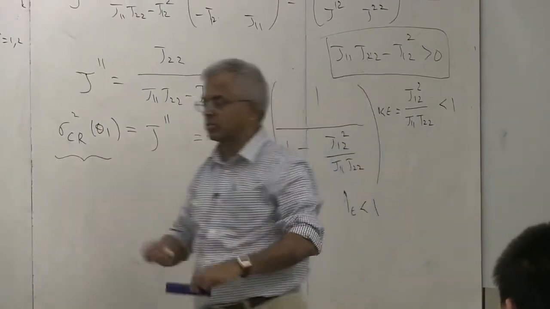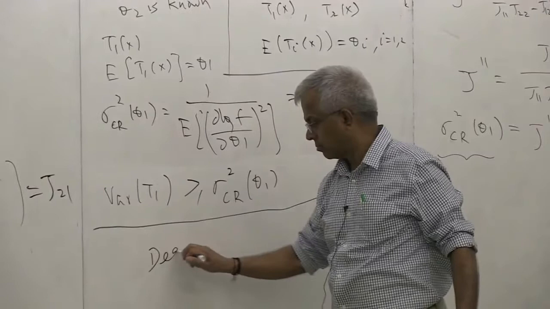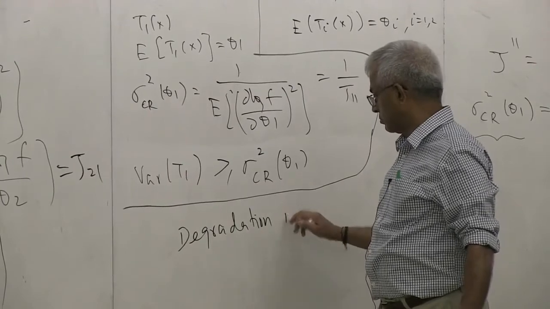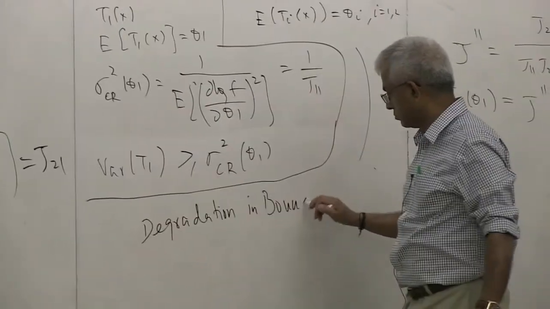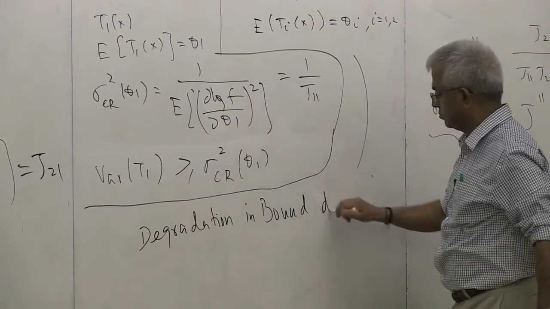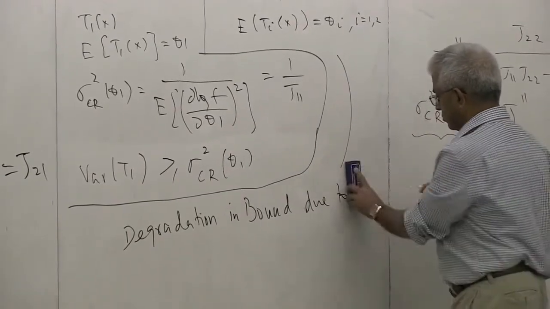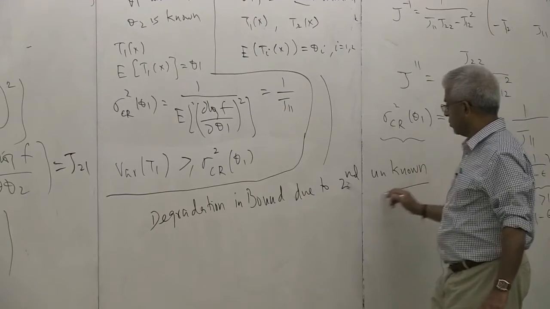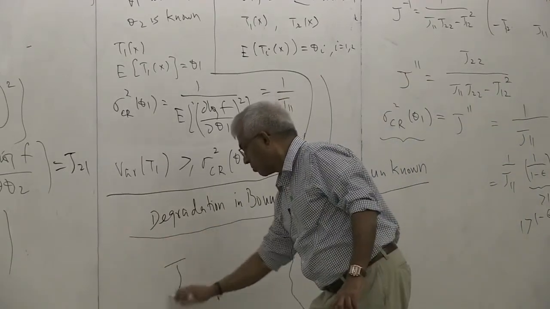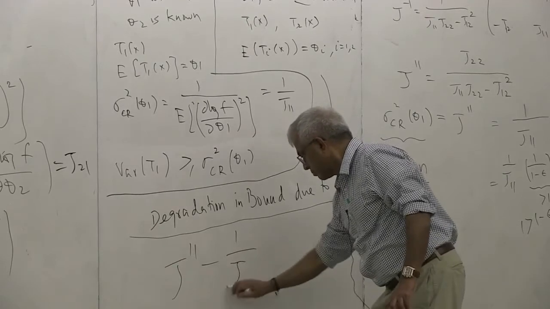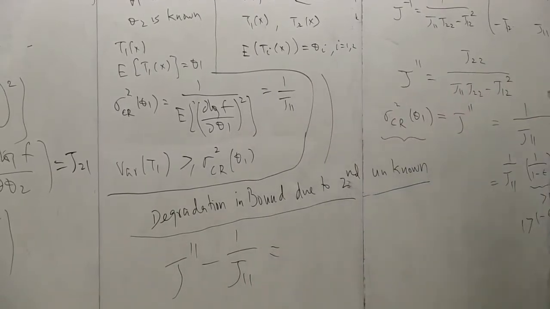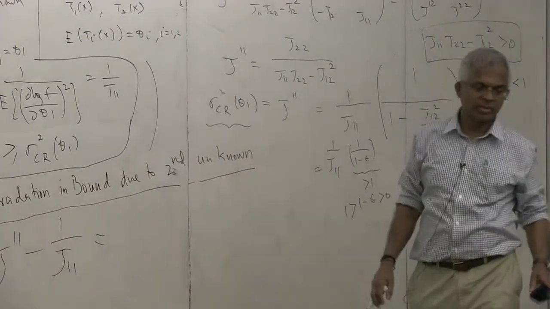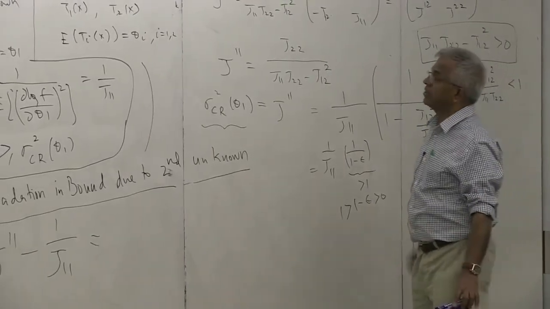Another way to see the degradation is this: isn't it true that the degradation in the bound for theta 1 is due to when there is a second unknown?